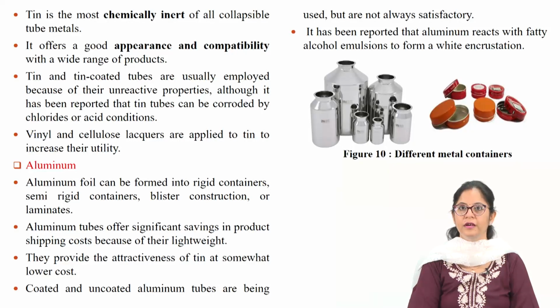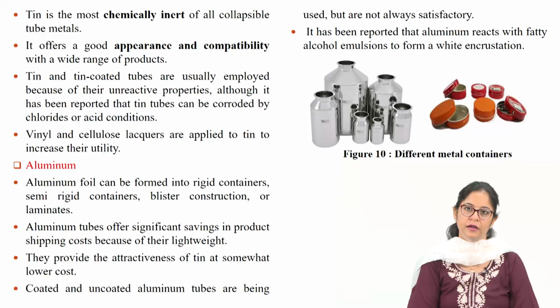It offers great appearance and compatibility with a wide range of products. Tin and tin coated tubes are usually employed because of their unreactive properties, although it has been reported that tin tubes can be corroded by chlorides or acids. Vinyl and cellulose lacquers are applied to the tin to increase usability.